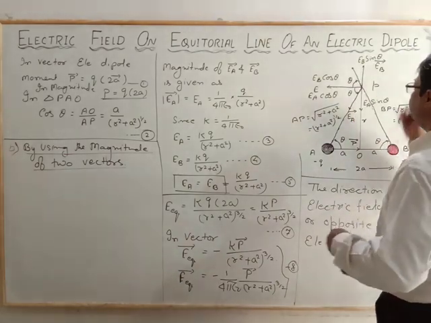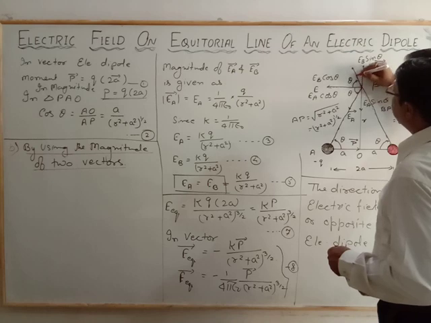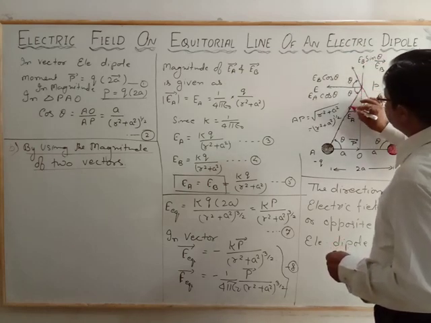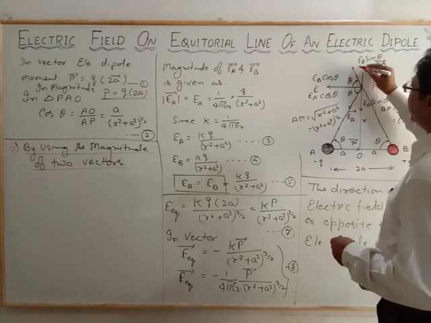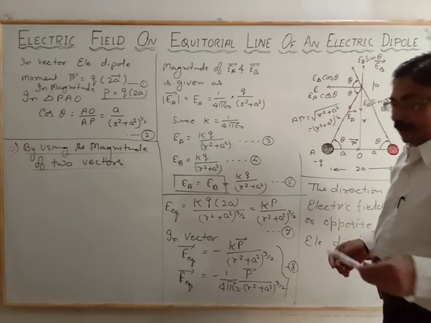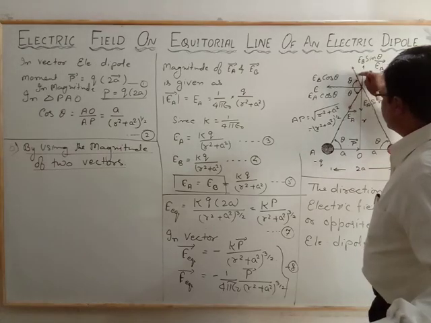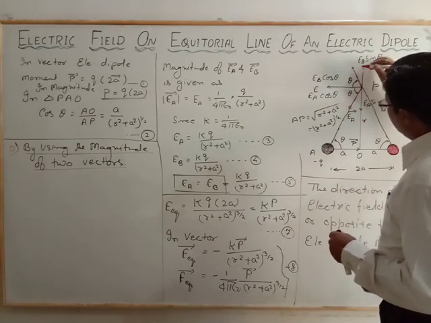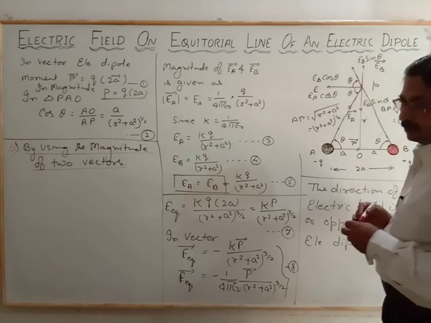Look here. The direction of the EB vector is like this. The direction of the EA vector is like this. These are the two vectors, and the angle between the two vectors is 2 theta.